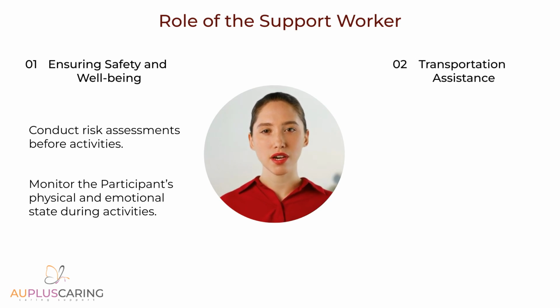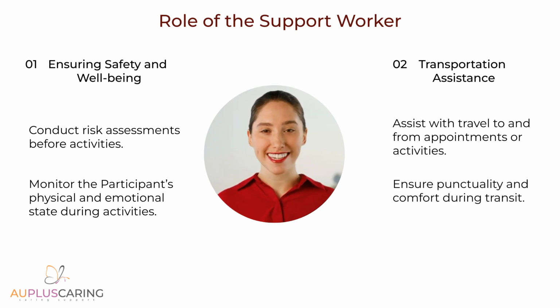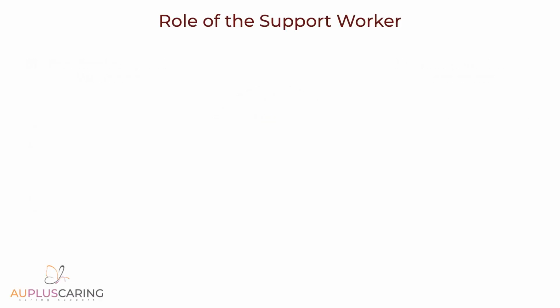Second, providing transportation assistance. You may be asked to support the participant in getting to and from an activity or appointment. Make sure the journey is safe, comfortable, and that you arrive on time. Punctuality can make a big difference in the participant's experience. Let's look at the next three key areas of your role. Third, promoting independence.